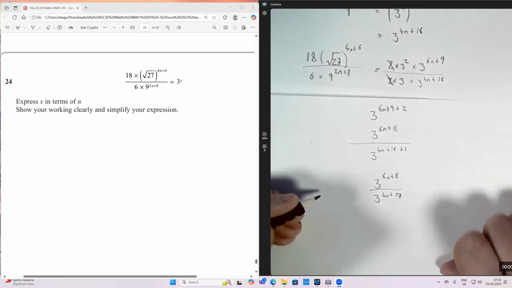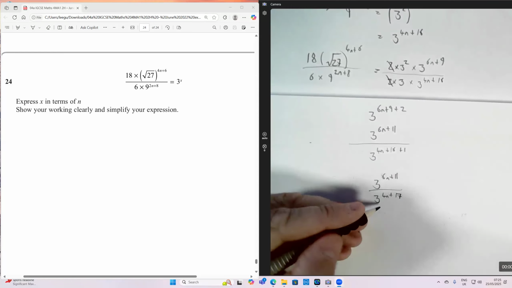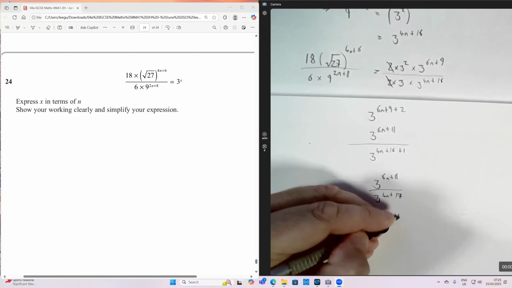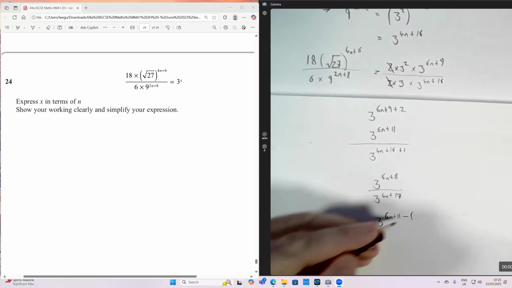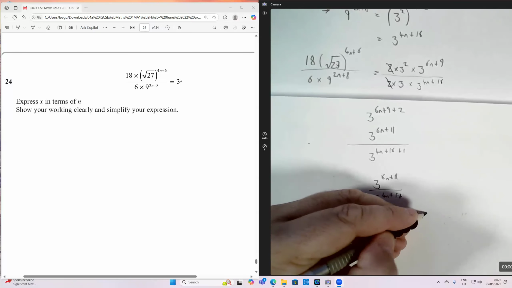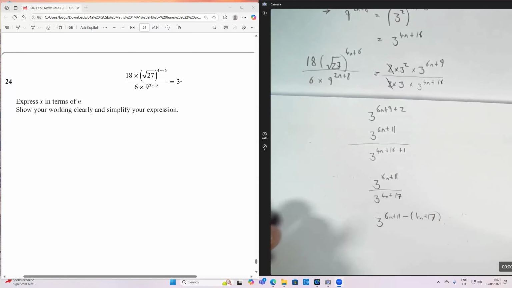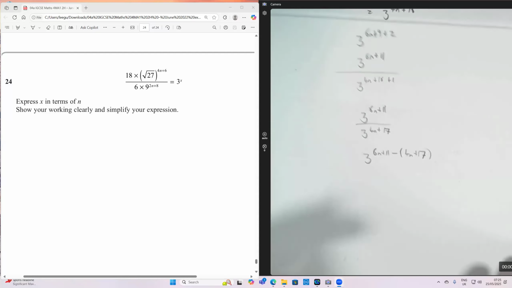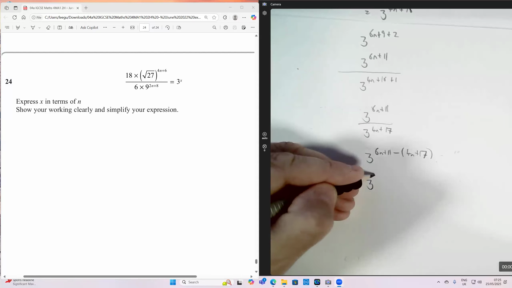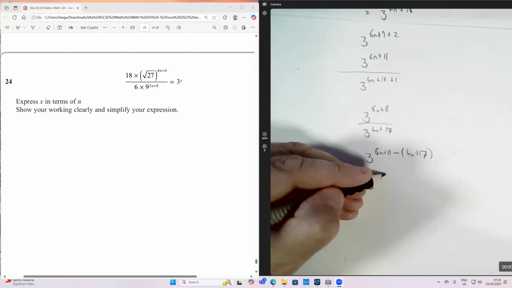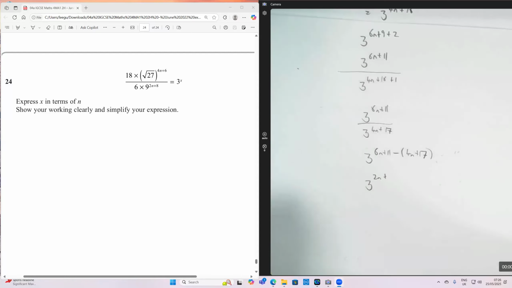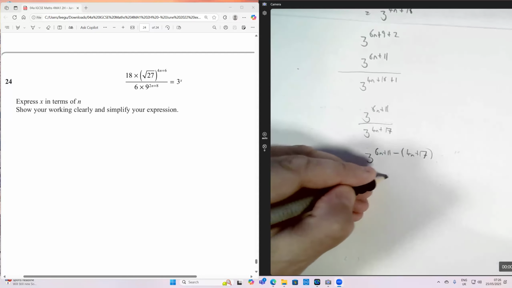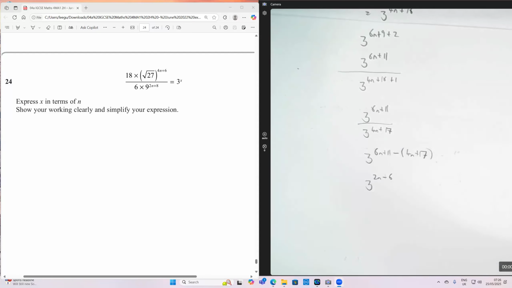When we simplify this, it's the same as 3 to the 6n add 11 minus, open brackets, 4n add 17. Because remember, when you divide powers, you subtract them, which now gives us 3 to the 2n, and then 11 take away 17, which is minus 6. So there we go, 2n minus 6.